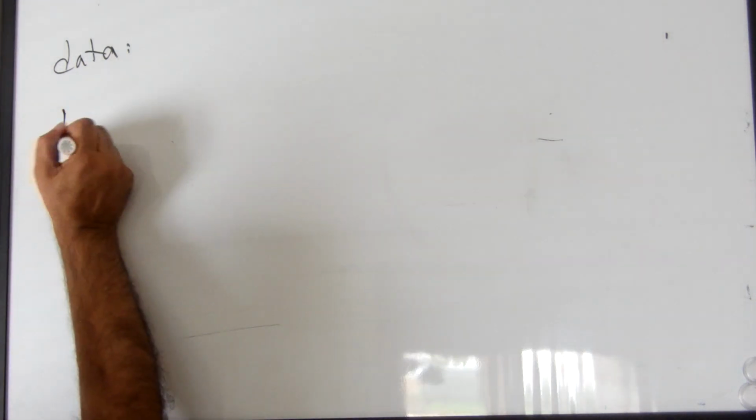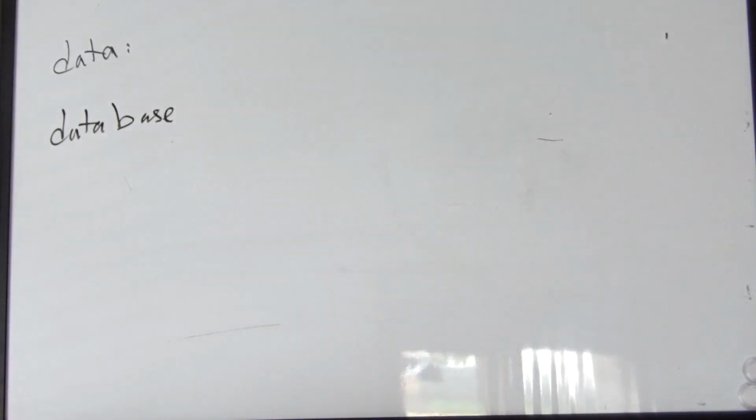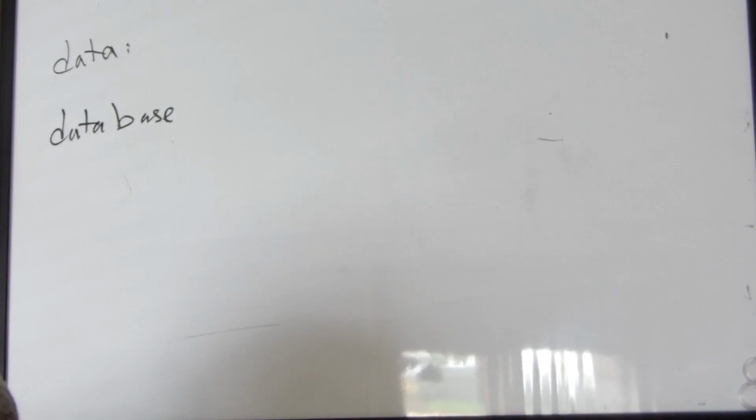What is a database? A database is a collection of related data. We will talk about that in detail. When you have created those tables, you can connect them with each other, and we talk about key, primary key, foreign key, and all this.